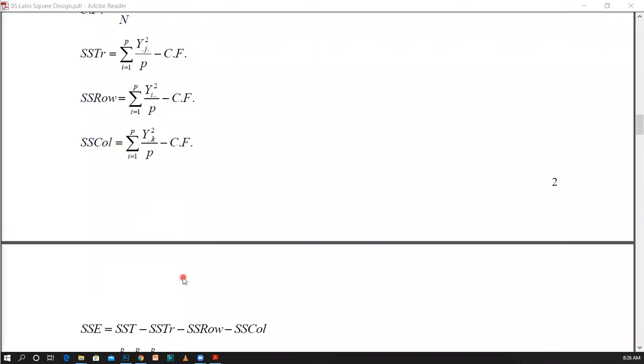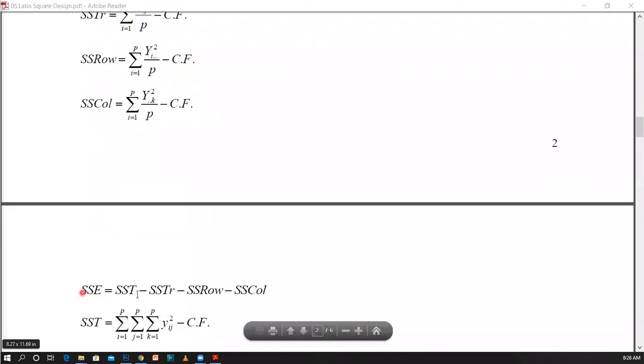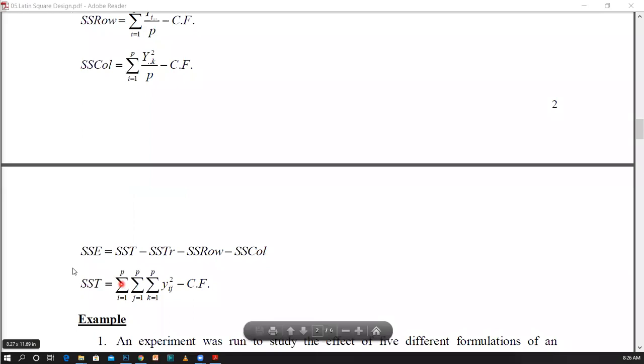To obtain SS error, SSE, you have to subtract SS treatment, SS row, and SS column values from the SS total value. To obtain the SS total value, you have to square each and every observation in the data set and then take the summation.